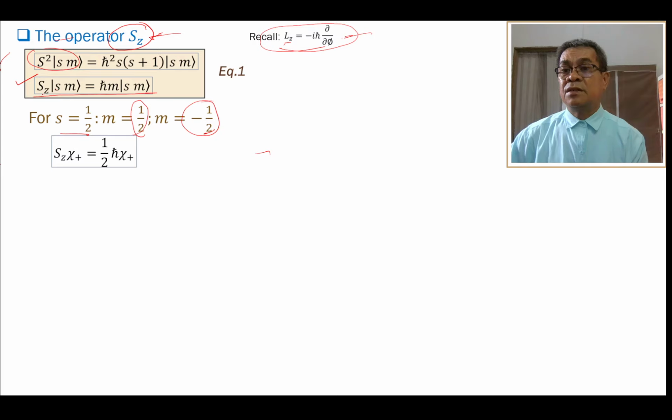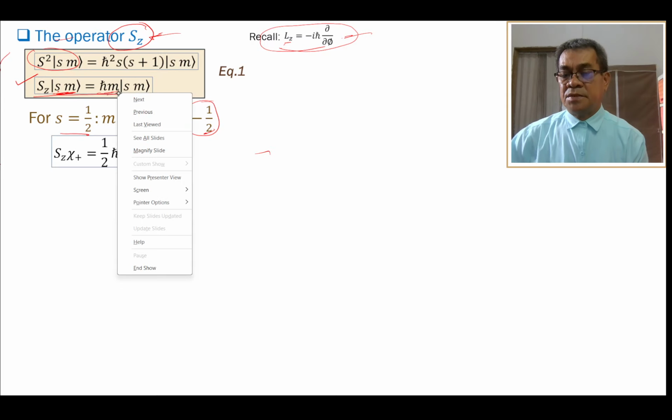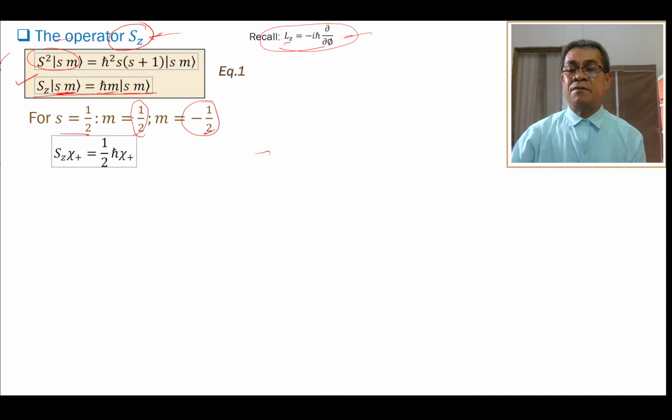So S z acting on the eigenstate S, m, where S is one half and m can be one half or negative one half, gives h bar m, which is the eigenvalue, times the same state S, m.